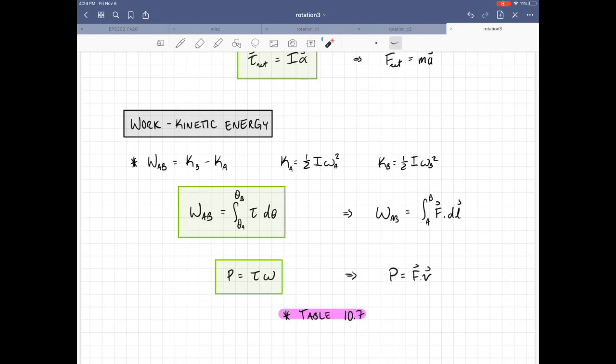Now, another thing that we can make connections to is the work-energy theorem. Remember that the work-kinetic energy theorem says if there was work done by a force, then that would correspond to a change in kinetic energy.